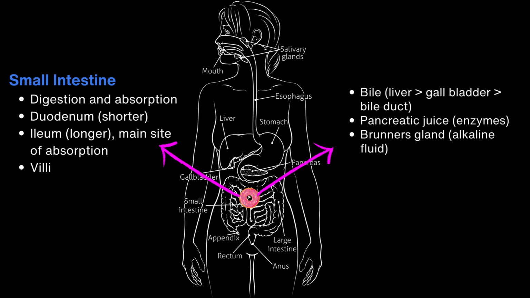Pancreatic juice is also in the duodenum, and this is released from the pancreas and consists of lots of enzymes such as trypsin, lipase, amylase, which are all essential for digestion. You've also got Brunner's glands, which secrete an alkaline fluid, and this helps protect the mucosa layer of the small intestine from the acidic stomach contents.